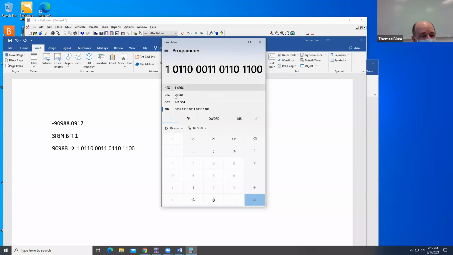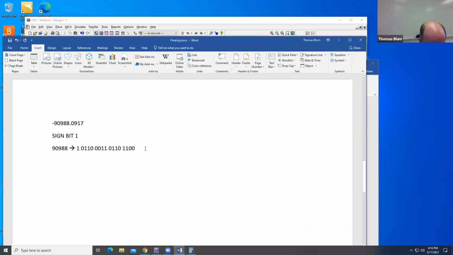Okay. Now I want to know how many bits I used up for my whole number. These are in groups of 4. 1, 2, 3, 4 groups of 4, and 1 more. Is that 17? 4, 8, 12, 16, 17. 17 bits. Okay, how many bits did I say were in my mantissa? I have two possible answers to that, depending.